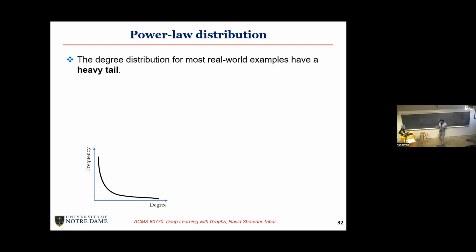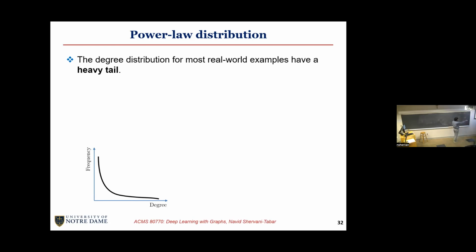Now, real-world graphs show a very specific distribution over their node degrees. What characterizes this is a heavy tail in this distribution. So if I show this probability, we have different degrees on one axis and the frequency of these degrees appearing throughout the graph on another axis.